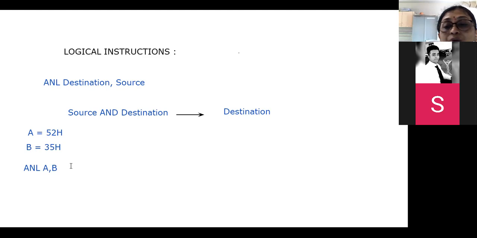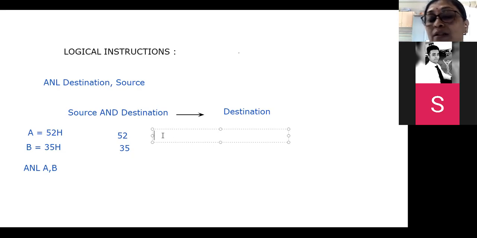How is this AND operation carried out? It is carried out bit by bit. Let us see how. What is the binary equivalent of hexadecimal number 52?